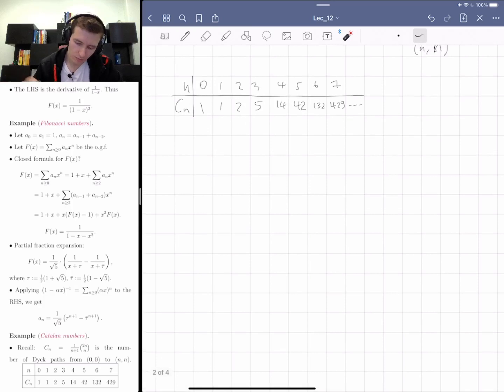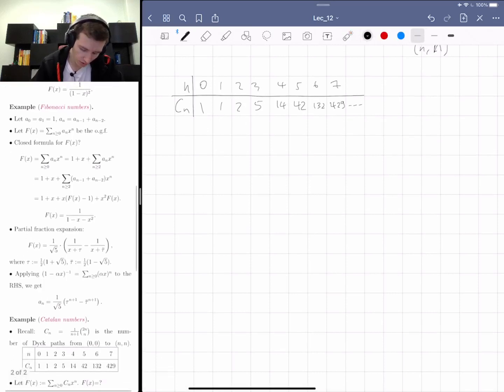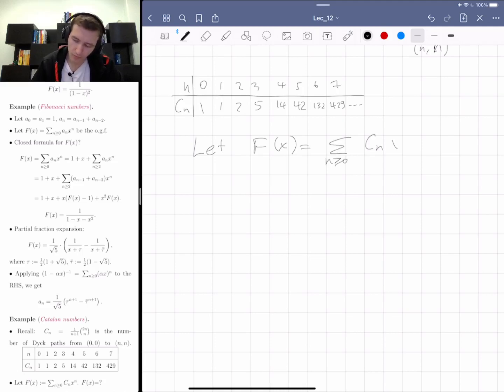Today I'm only doing ordinary generating functions. So F of x is the sum, n greater or equal to 0, of c_n x to the n. And what I'm going to ask is, what is a closed formula for F of x?